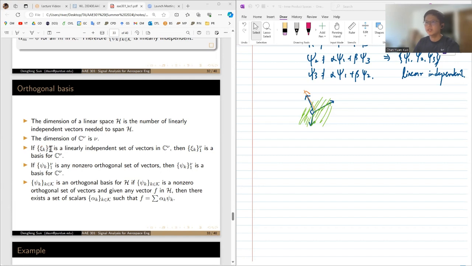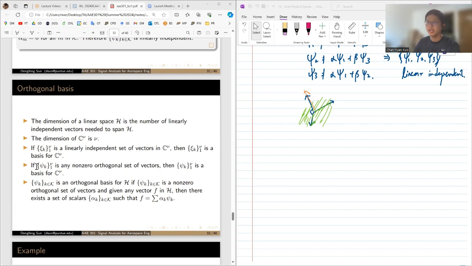And if a set of vectors is linearly independent in C^nu, then this set of vectors is a basis for C^nu. That means any vector in C^nu can be obtained as a linear combination of vectors in this set.